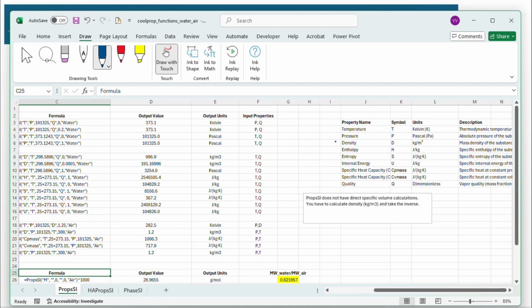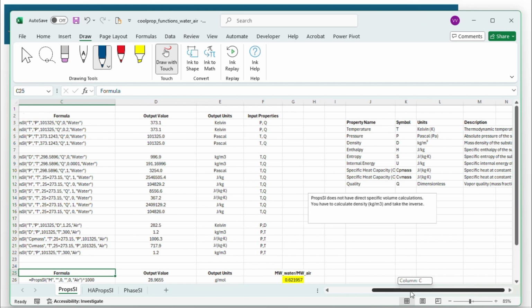In this Excel file, if you scroll to the right, you can see the common symbols that will work for each of those properties that we just mentioned, and the SI units in which the results will be generated by CoolProp.